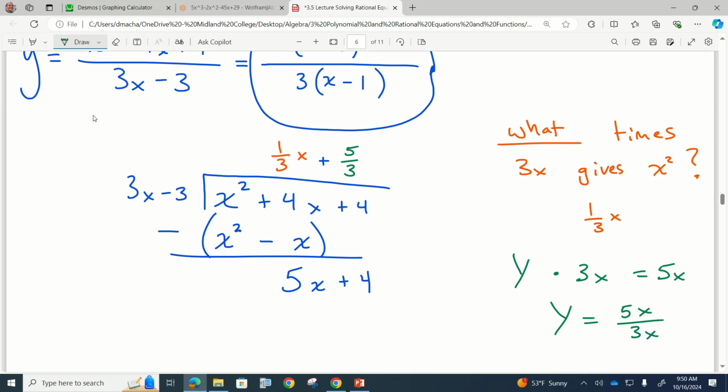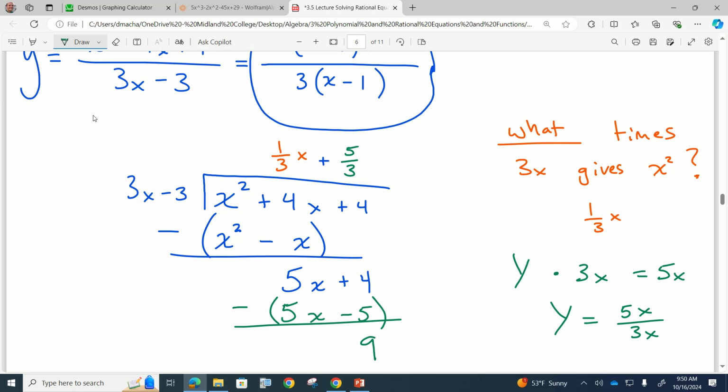Five thirds times 3x gives me 5x. And then 5/3 times -3 gives me minus 5. And then 4 minus -5 is 9, and that's going to be my remainder.